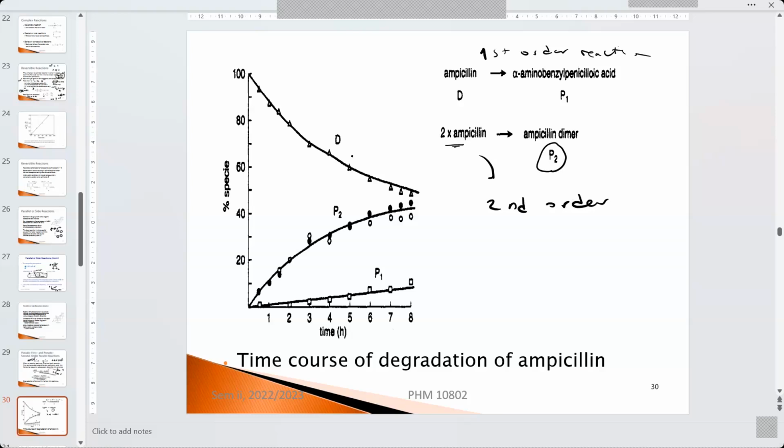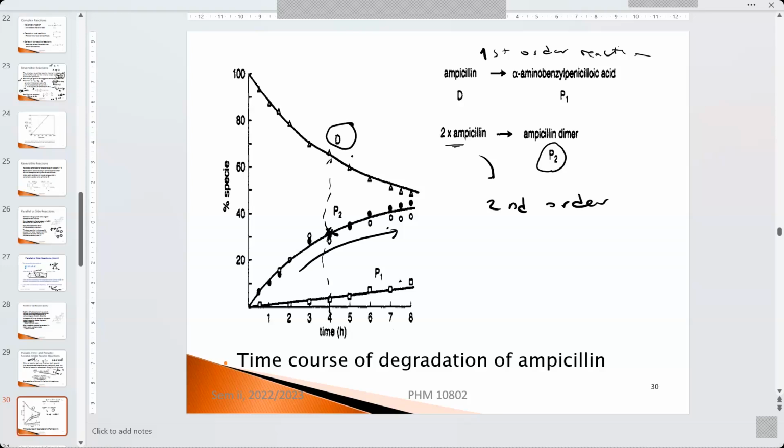So this is the increase in concentration of product 2 with time. This is the increase in concentration of product 1 with time. This is second order, this is first order. Okay? But here the curve for the total rate of decrease of the drug with time should be this one at any time point. The rate of decrease is equal to the rate of increase.